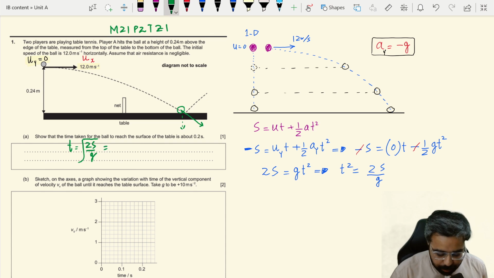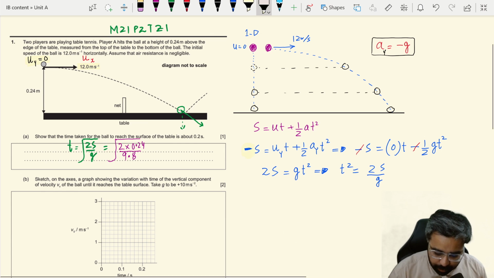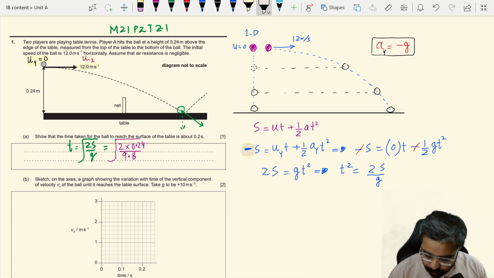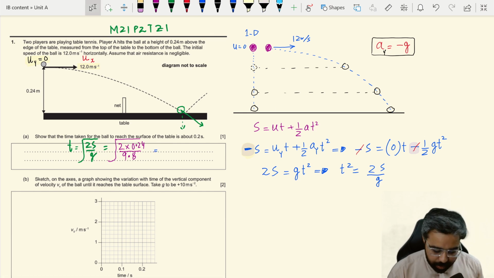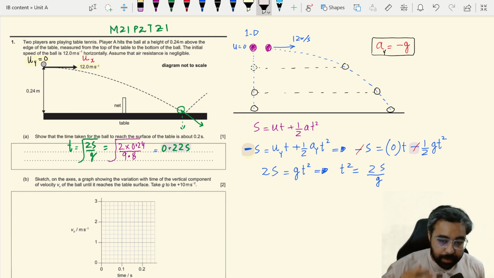So let's put in the values. You see I'm not writing the negative sign right now because we had already considered it when we were substituting the values, I mean like here. So the time value is 0.22 seconds. This is the time when the ball will reach the table surface.